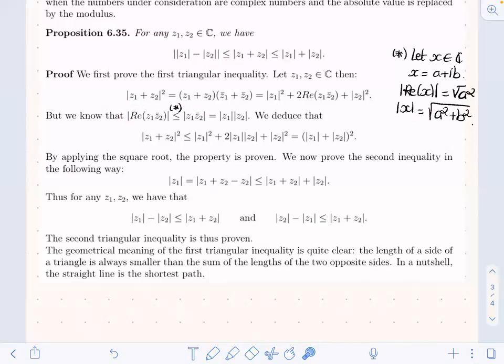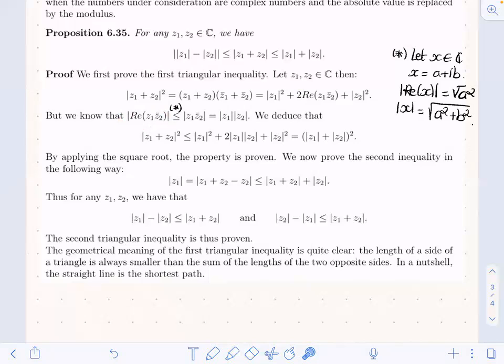And then you can rewrite the complex number that's in the real part. As it's a product, the modulus of a product gives you the product of the moduli, and then you use the fact that the modulus of the conjugate is equal to the modulus of the initial number. So you get this absolute value for this term, and you can inject it here.